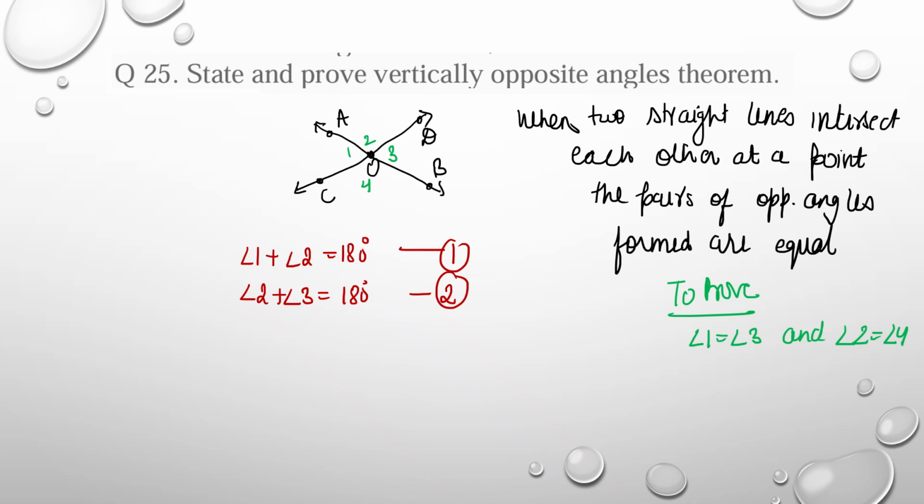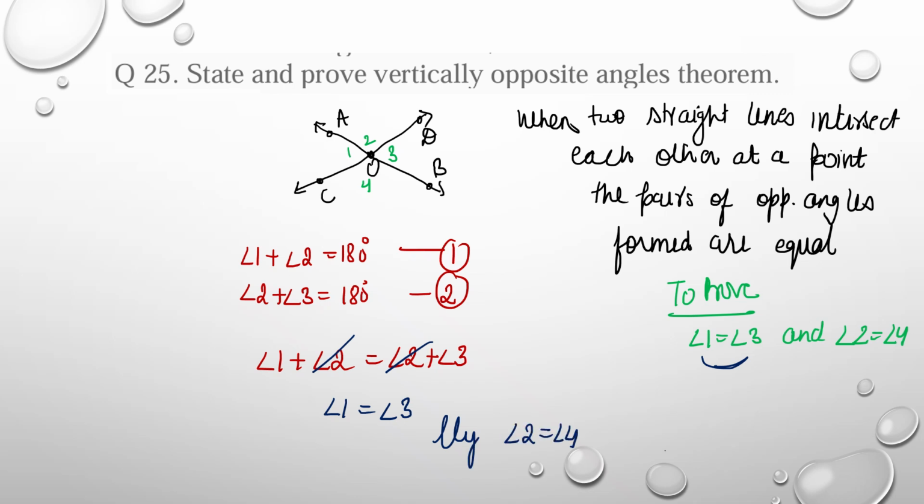We can use our chapter Euclid: if two things are equal to the same thing, they are equal to one another. So angle 1 plus angle 2 is equal to angle 2 plus angle 3. Angle 2 is common in both equations, so we can cancel. This makes angle 1 equal to angle 3. Similarly, angle 2 is equal to angle 4. Hence, proved.